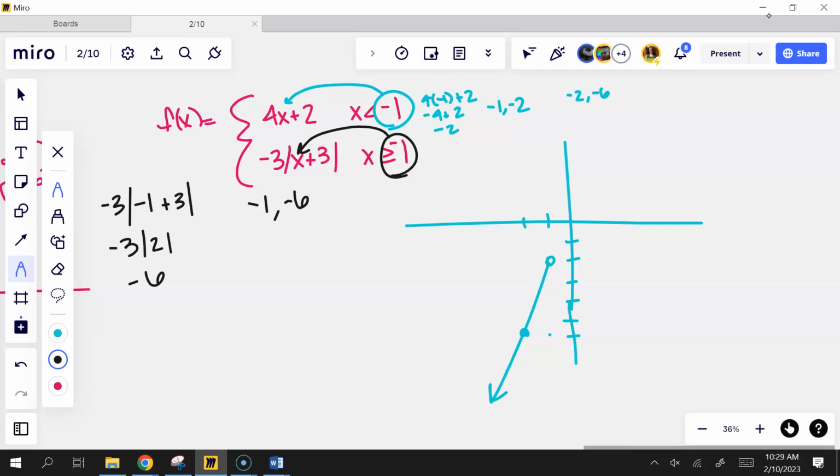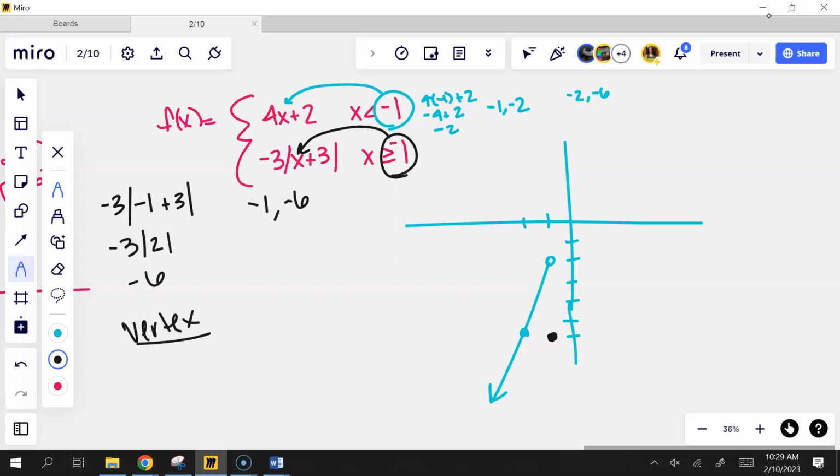I got -1, -6. Is that what you guys got? All right, open or closed? Closed, because of the line under it, right?